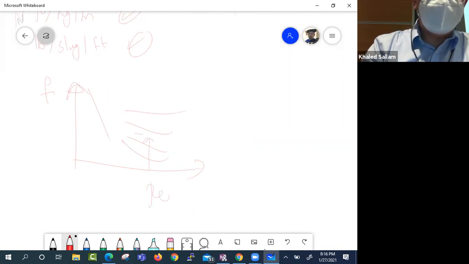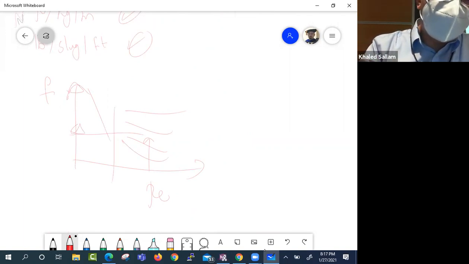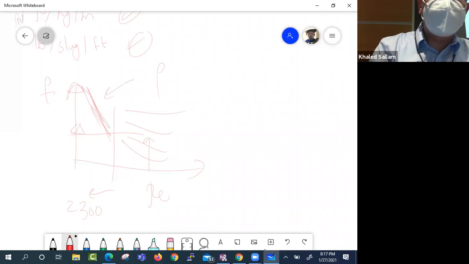You can read it manually, but if you're going to solve this using a computer, you need a formula. Fortunately, when the flow is laminar, when the Reynolds number is less than 2,300, you have only one curve, and that curve says that F is 64 over the Reynolds.